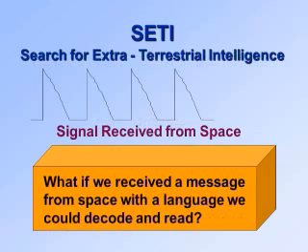They're looking for radio signals, basically, narrow-band radio signals that contain information. They would tell you that if they received a signal from outer space with a language in it that we could decode and read, that would be excellent evidence that it came from an intelligent source.